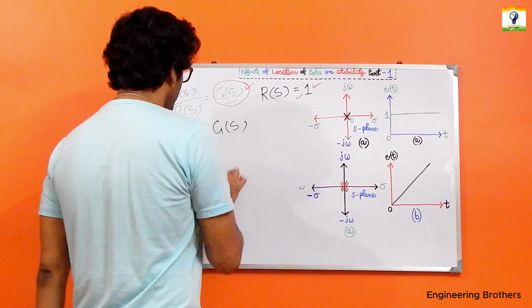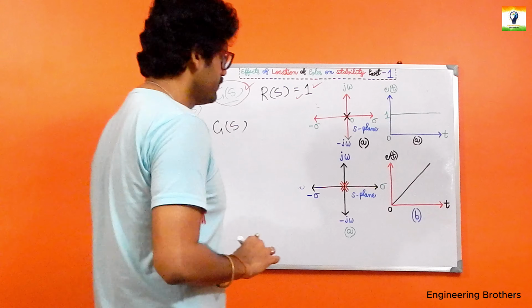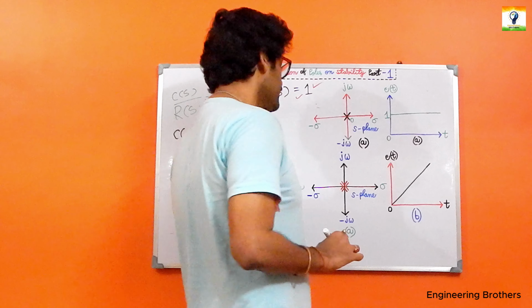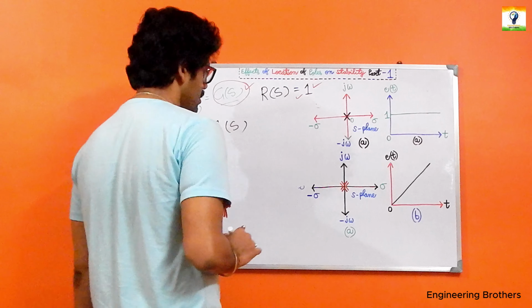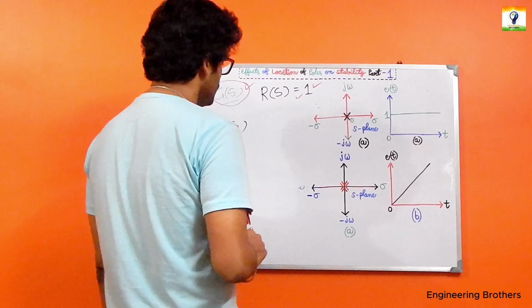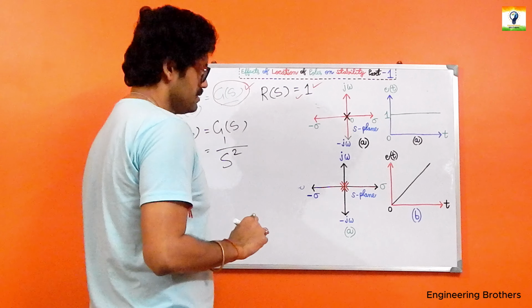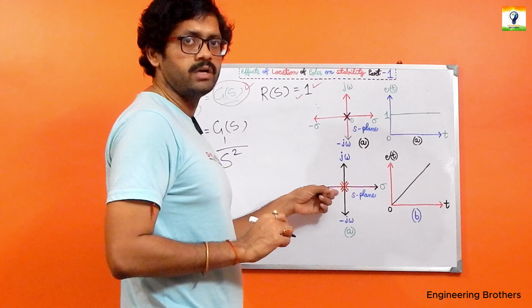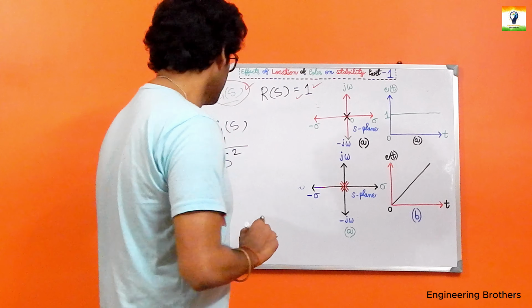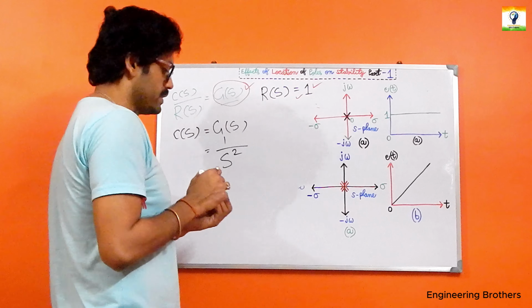Now for our second part, we can say that for our given system, the two poles are placed at the zero point of our S plane. That is why we can say G(s) is 1 divided by s square.